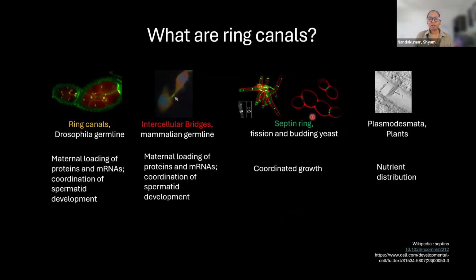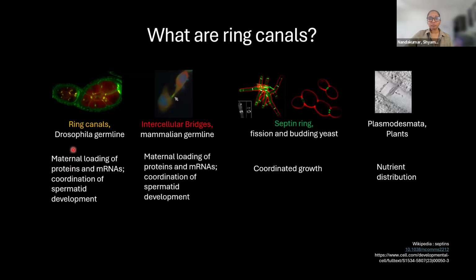They're known by different names across the animal and plant kingdoms. While they might be structurally different, they are generally the result of incomplete cytokinesis that results in cells sharing some or most of their cytoplasm. In Drosophila, they're quite well studied and known as ring canals. In the germline, their function is quite well known.